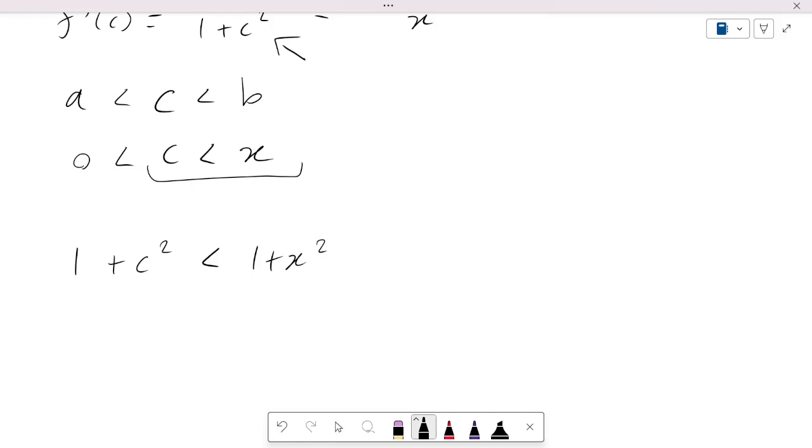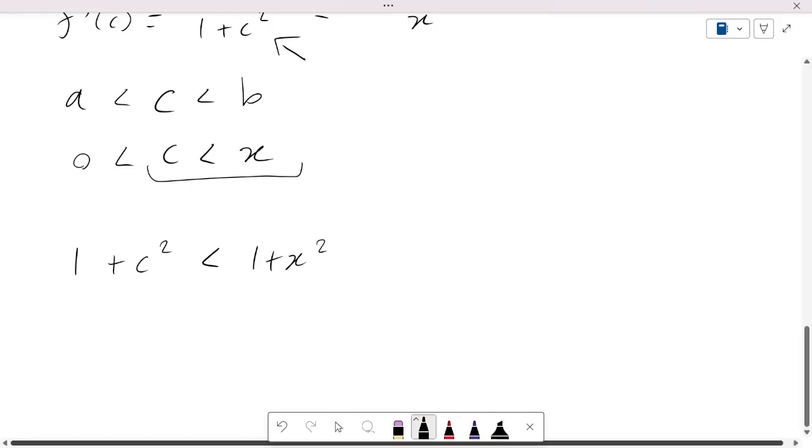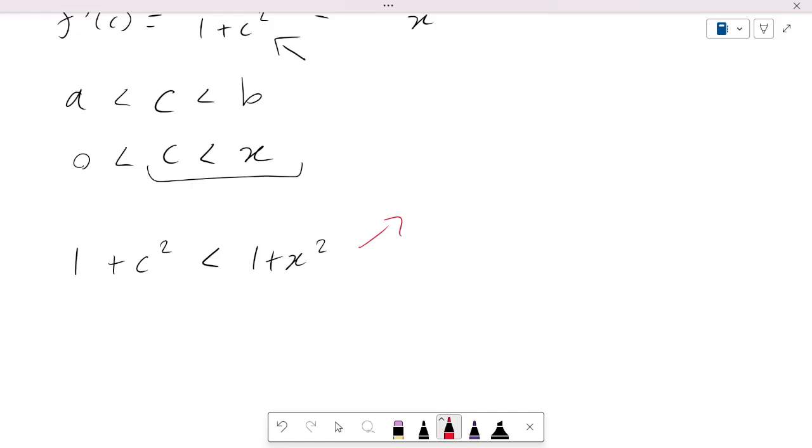If we follow logic, let's say c is equal to, for example, 2, and x is equal to 3, we can actually say that 1 plus c squared, which is going to be 2 squared, is less than 1 plus 3 squared, according to what we have here. And then, when we simplify it, we have 1 plus 2 squared, which is 5, and 1 plus 3 squared, which is 10.